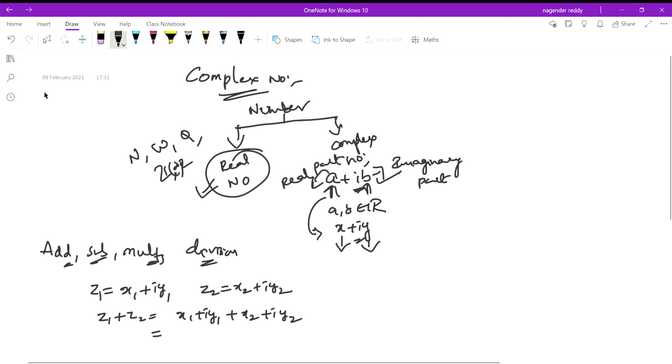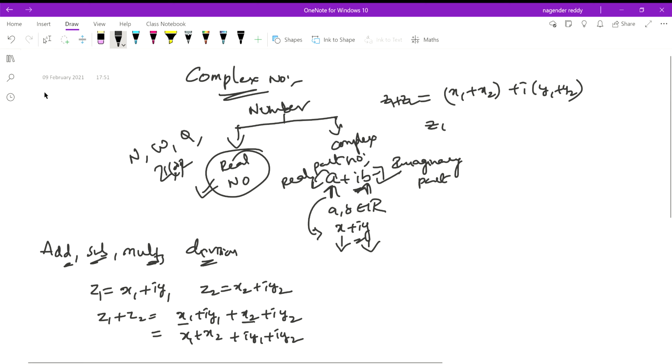What are the real parts here? x1 and x2, that is x1 plus x2 plus iy1 plus iy2. What do you have common? You can take i common, giving x1 plus x2 as one term, plus i into y1 plus y2. So this is z1 plus z2.